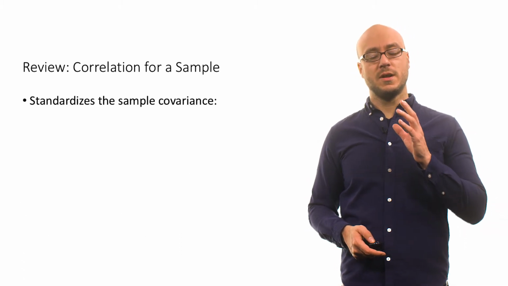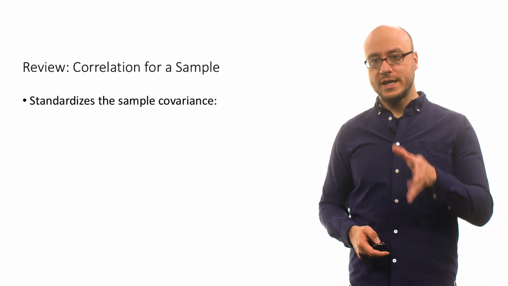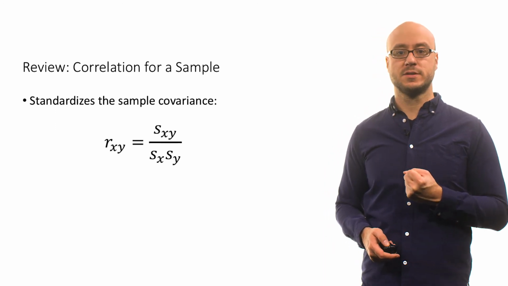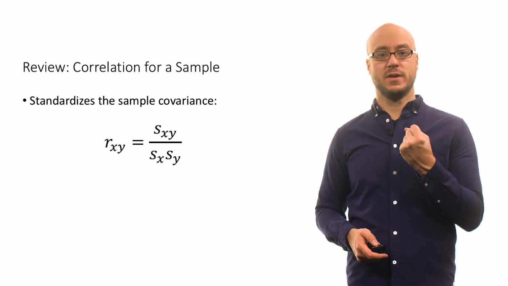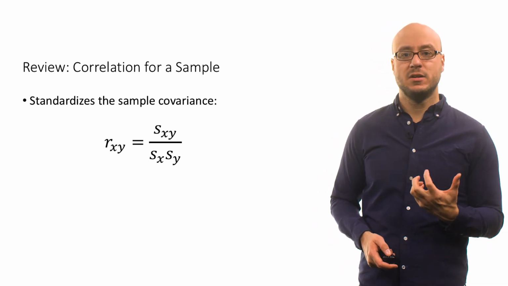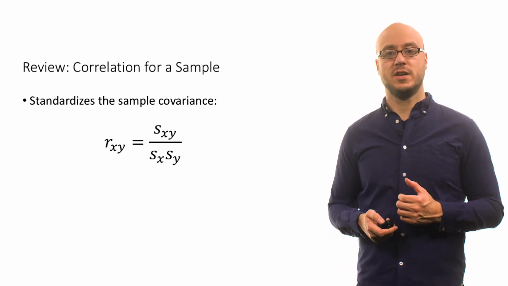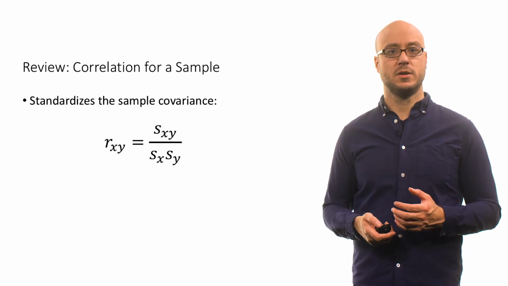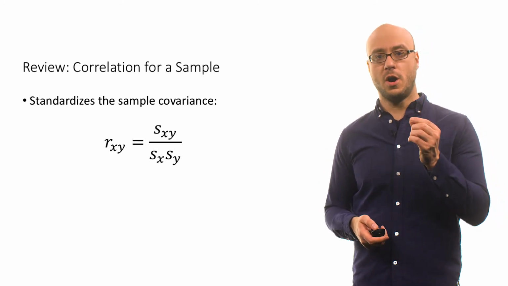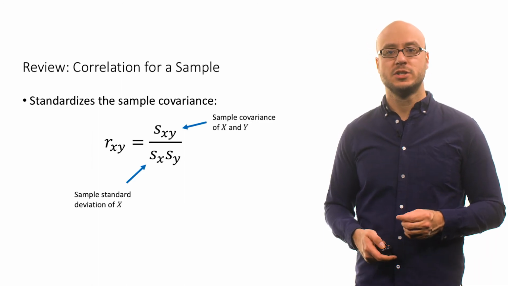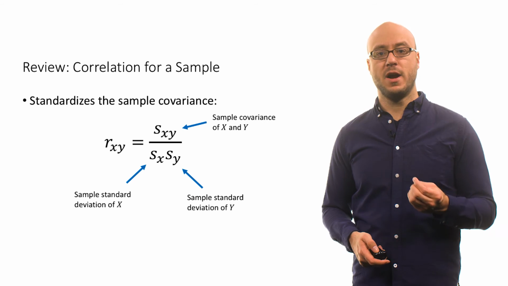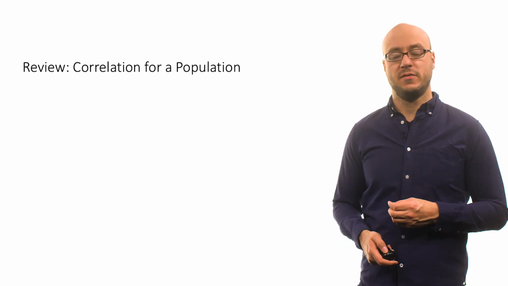So when we have a correlation for a sample, what we do is we standardize the sample covariance. We take our sample covariance and we divide by the standard deviation of x times the standard deviation of y. Often you will see the sample correlation denoted with r subscript xy. We just standardize it by dividing by the product of these two sample standard deviations.